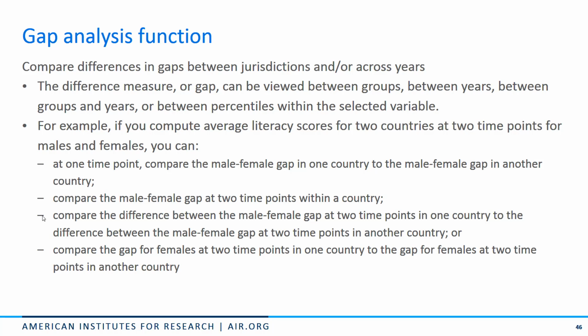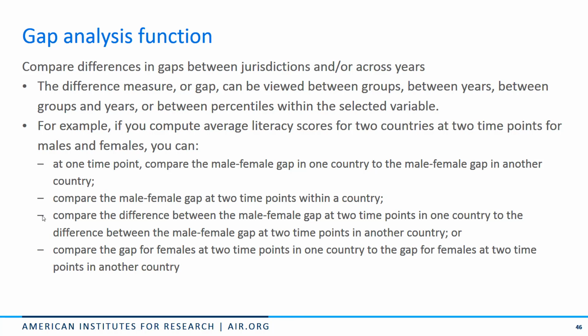Before beginning the next scenario, we will go over the gap analysis function in the IDE, which can compare differences in gaps between jurisdictions and/or across years. The difference measure, or gap, can be viewed between groups, between years, between groups and years, or between percentiles within the selected variable.